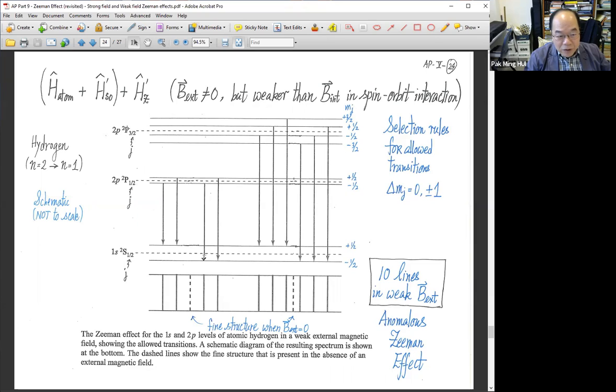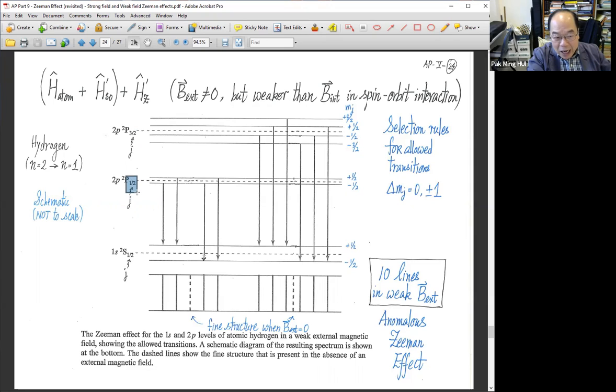The J equals 3/2 level, in the presence of an external magnetic field, will split according to the MJ value. The energy difference between neighboring lines is related to the Lande g factor for this particular group. We calculated it out. It is 4/3.